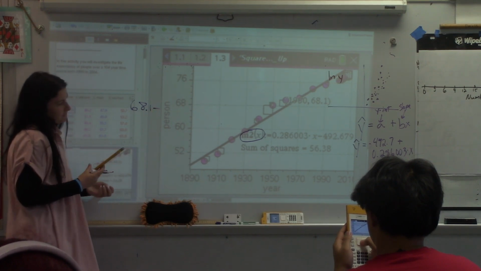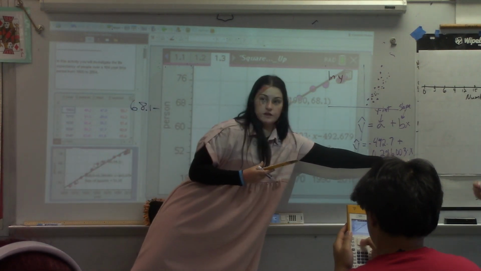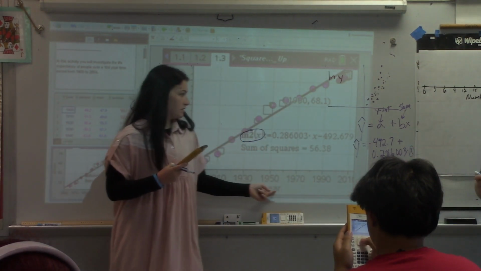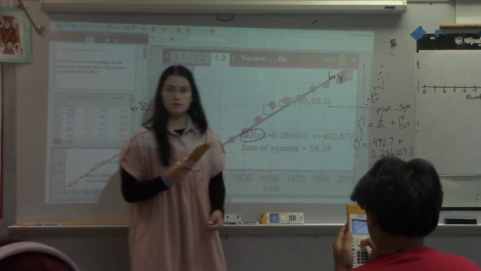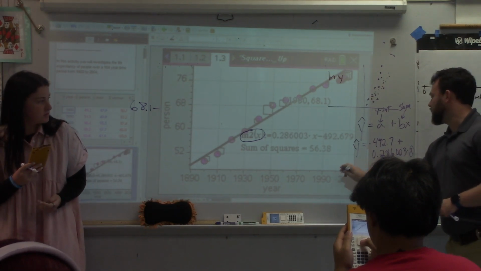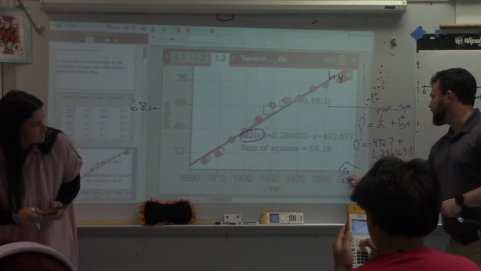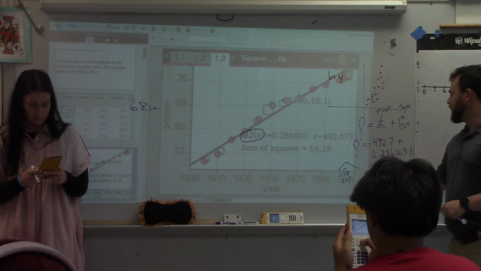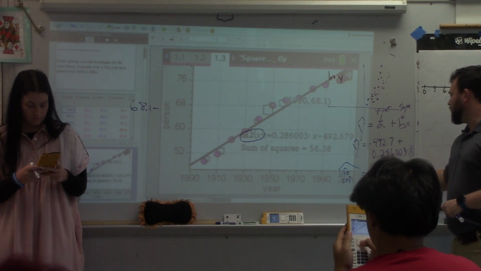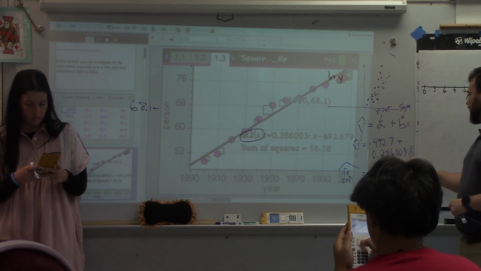You plug in the year for your x, because that's what our x is, and then calculate your predicted using the line you created yesterday. Another way to say it: the predicted life expectancy, I always like to put variable context in here, is equal to negative 492.7 plus, what is that x representing?